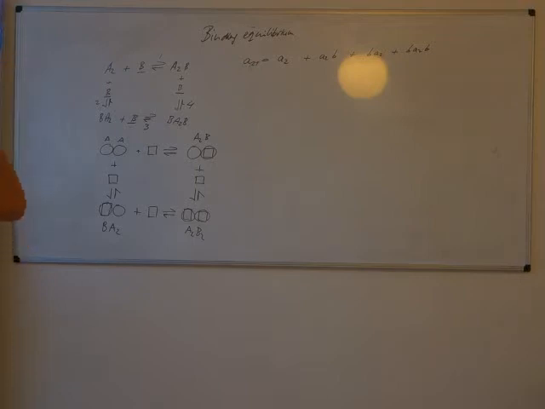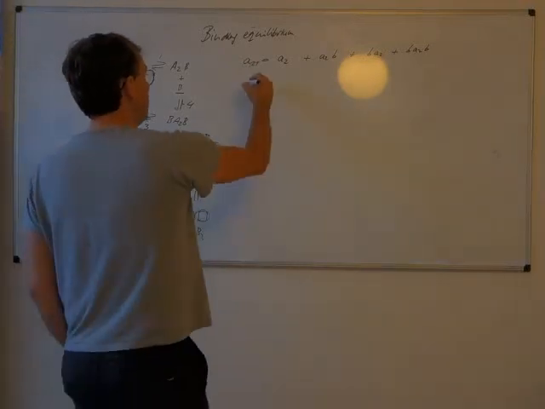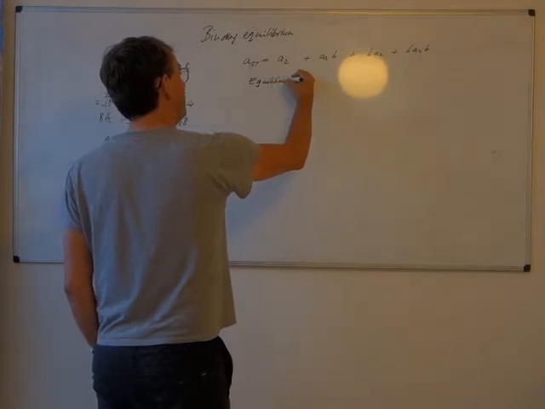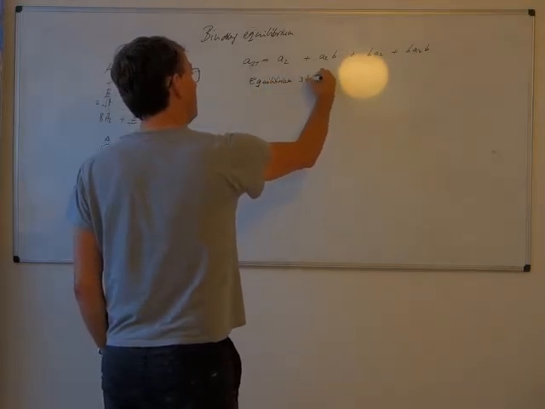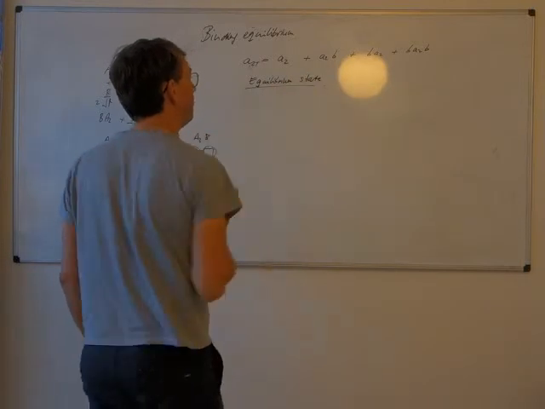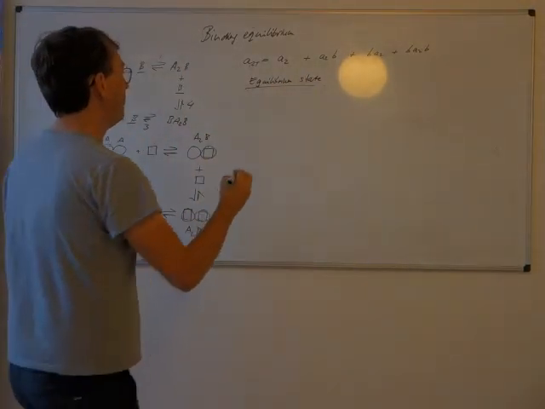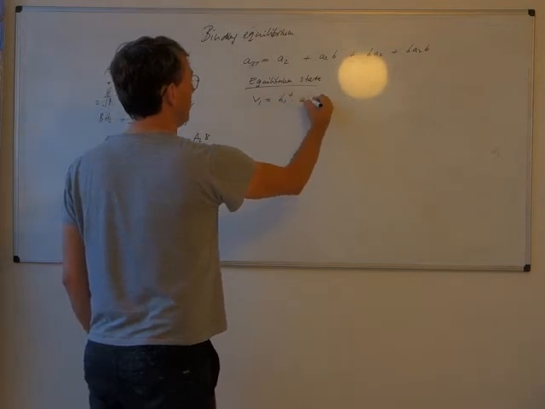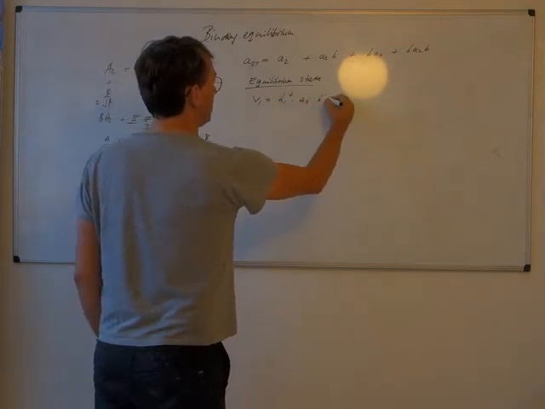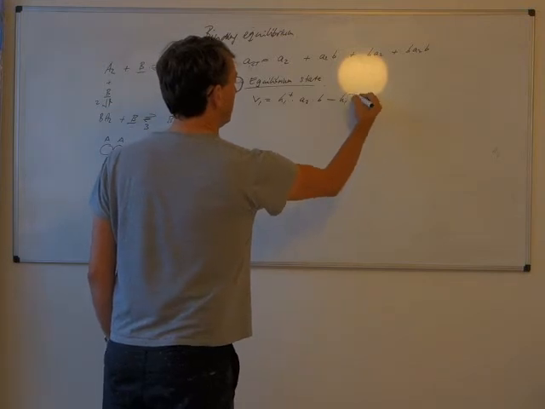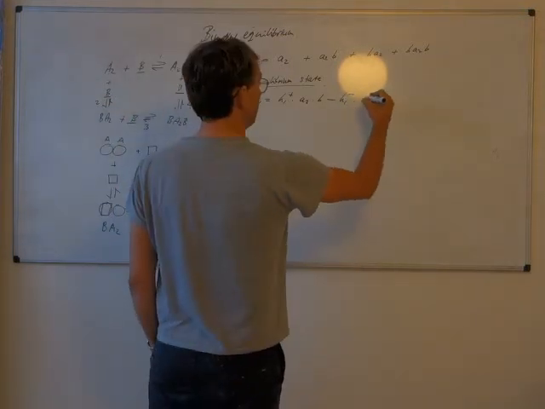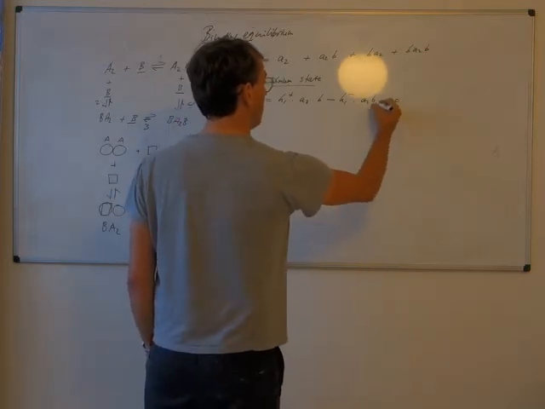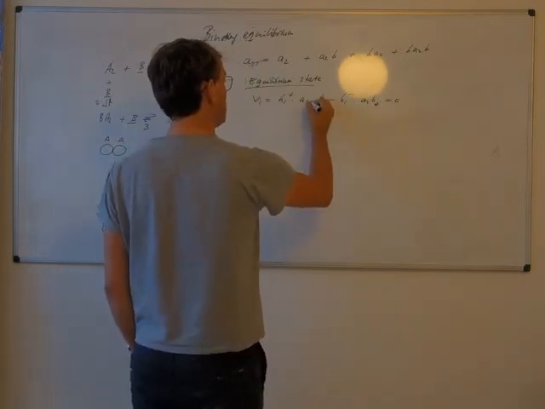Now, we know that there exists an equilibrium, right, where V1, which is K1 plus times A2 times B minus K1 minus times A2B, equals 0, and these are equilibrium concentrations.